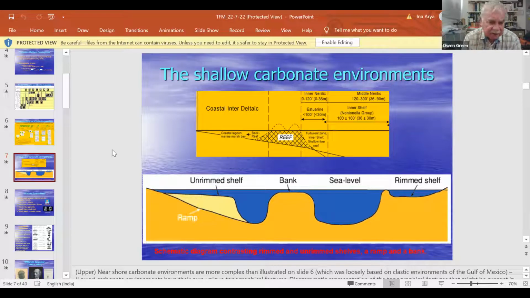In other words, there are unrimmed shelves, there's often a bank restraining some of the sedimentation, and then there are rimmed shelves. So there is quite a bit of topography that might be involved in how the shallow basins are developed. All right, let's go on to the next slide, please.